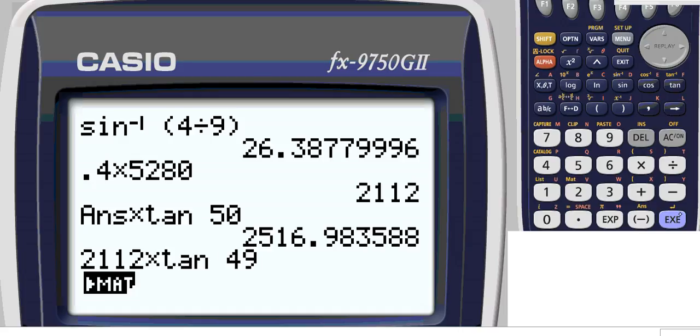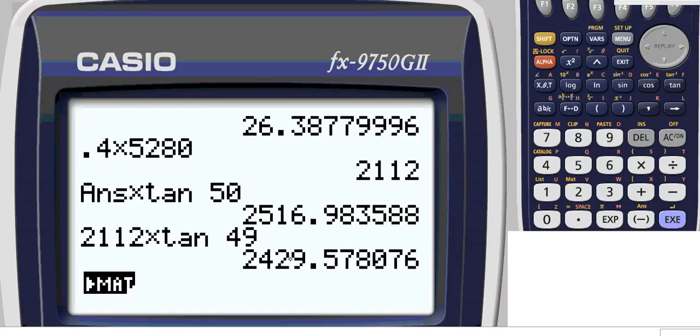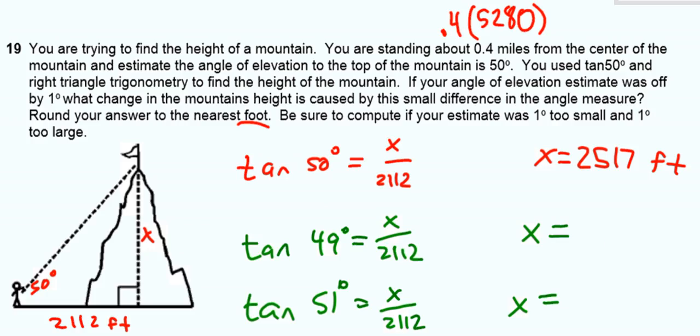So when we do it with 49, we get 2430, rounded. It says round to the nearest foot.